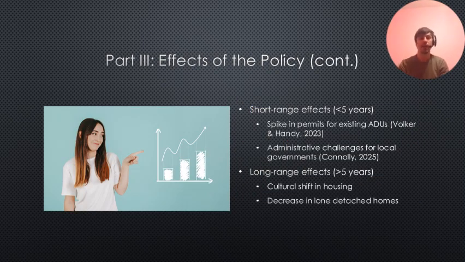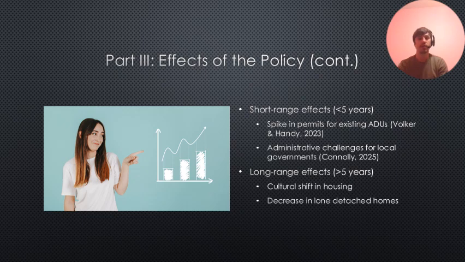Effects of this policy play out in different ways over time. In the short term, within 5 years, there will be more permits for ADUs that already exist but are not yet legally recognized. The research also reveals homeowners' interest in developing new ADUs on their property. In one survey of 502 single-family homeowners, up to 47% said they would be open to building an ADU.